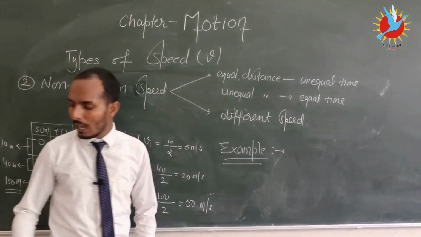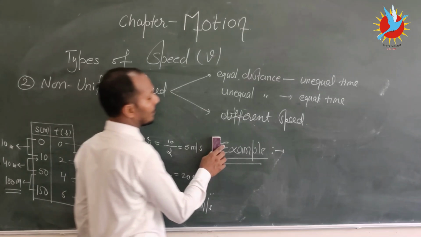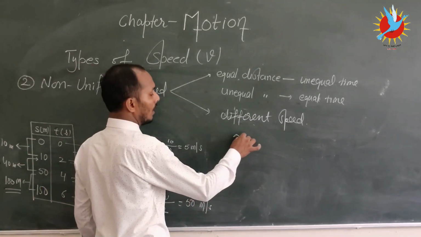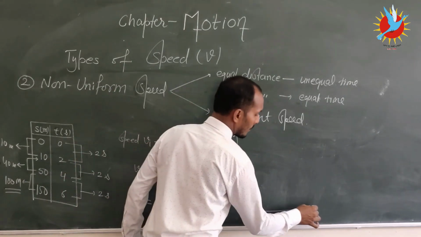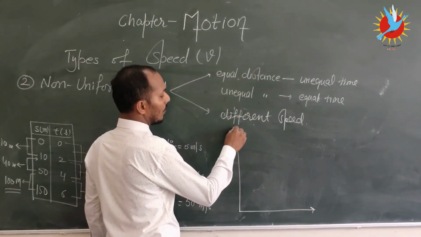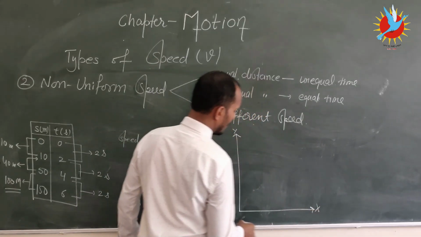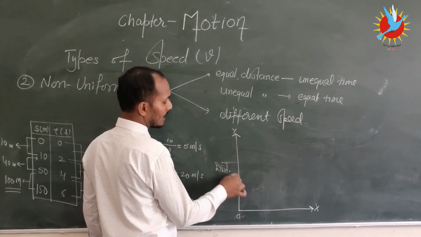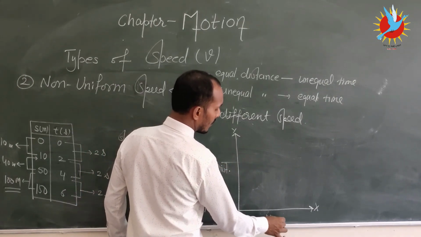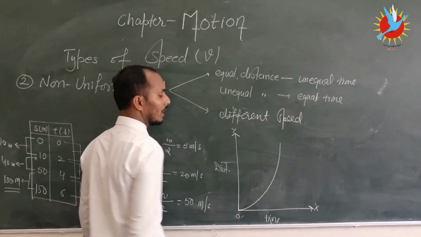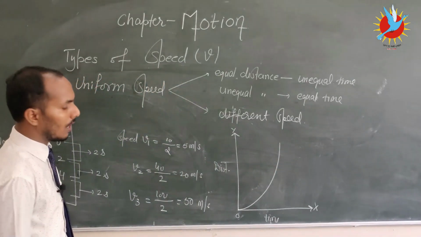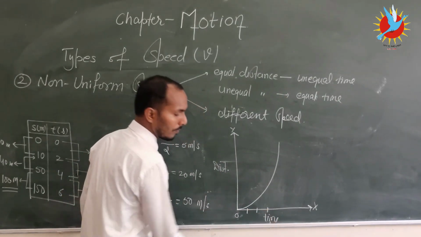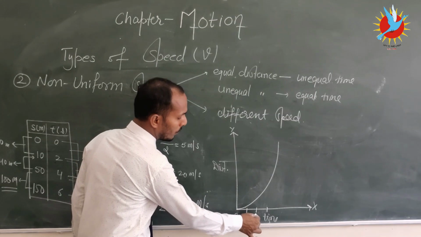Then draw the graph. How do we draw the distance-time graph? Here is the y-axis, here the x-axis, here the origin, and the distance-time graph is a curved line. Take equal intervals of time: 2, 4, 6.